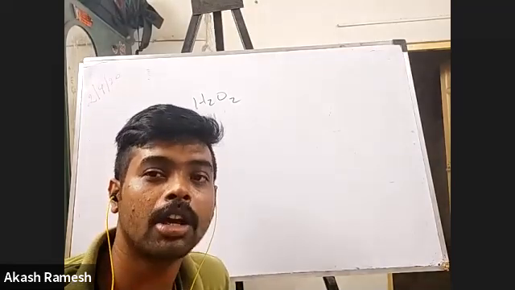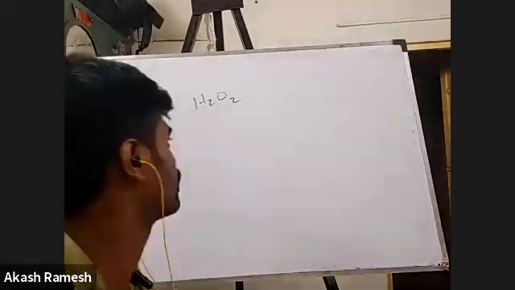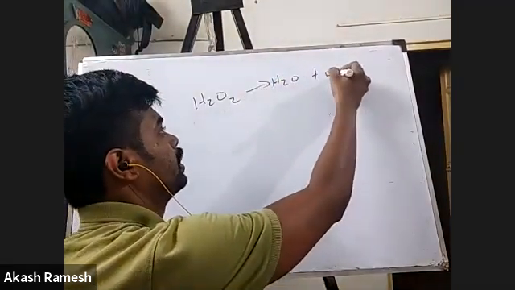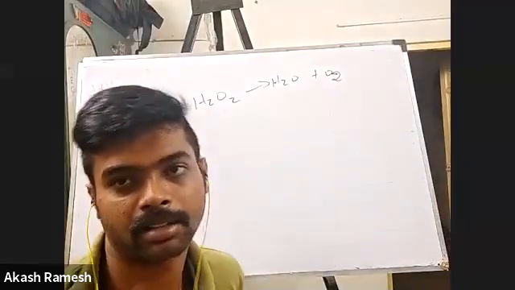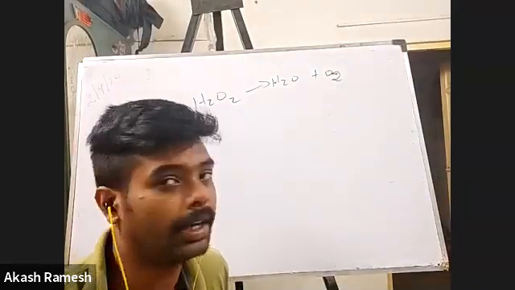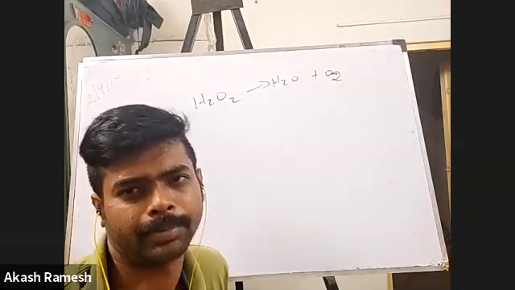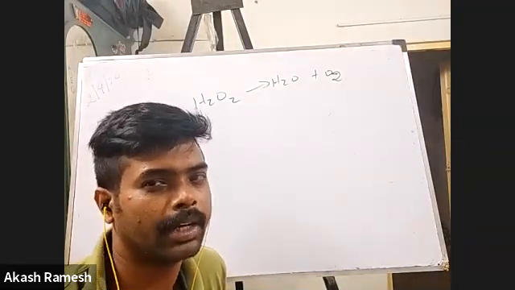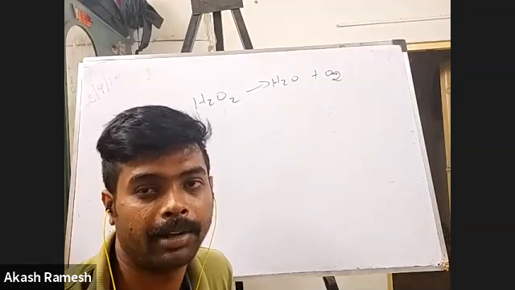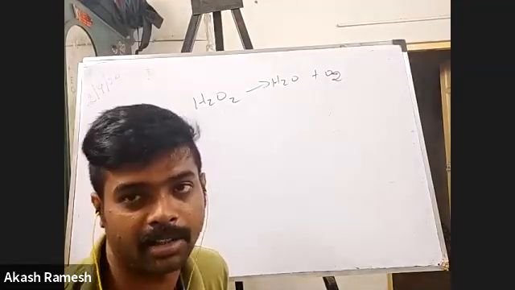So it undergoes decomposition like this, right? How it undergoes decomposition, I'll tell you. It will decompose to water and oxygen gas. Okay, fine. So now I told you that there are reactions where only one element undergoes oxidation as well as reduction, right?